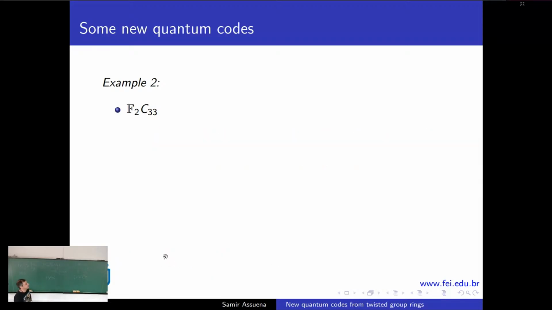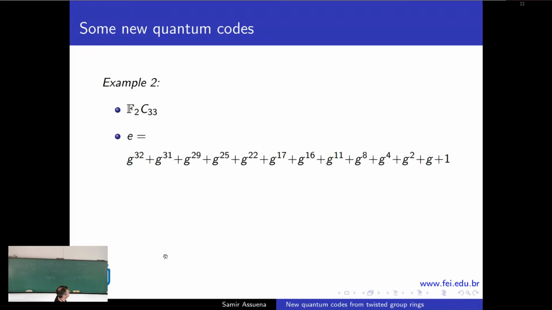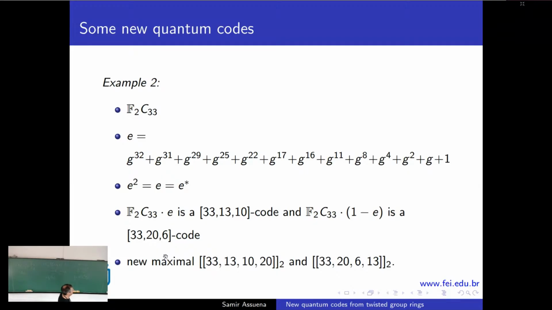And again using F2, in a group algebra, here taking the cyclic group of 33 elements, taking this element here, it's easy to check this idempotent is again fixed by the involution, and the code generated by this element and its dual have these parameters.